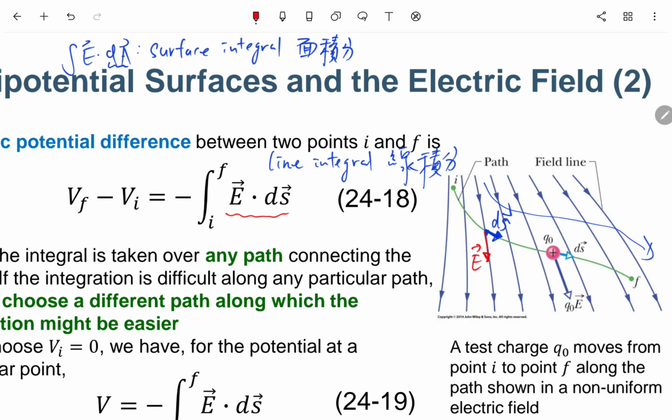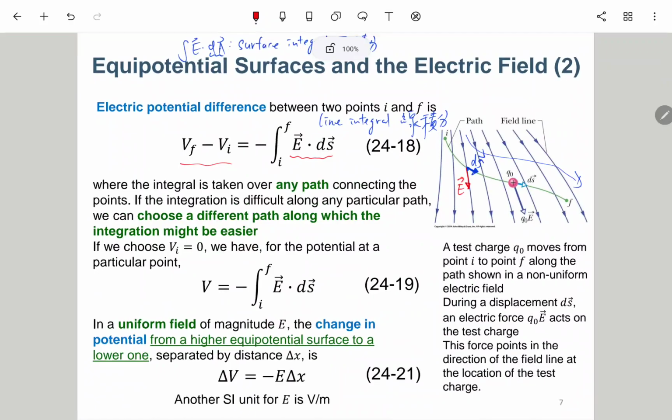Okay, so we can actually add all this scalar together to be the electric potential difference, or sometimes we just call it V or delta V. Sometimes we write it as delta V, sometimes we just write it as V, just a notation.